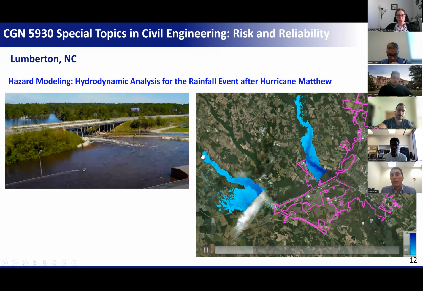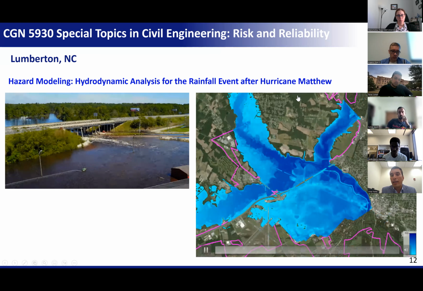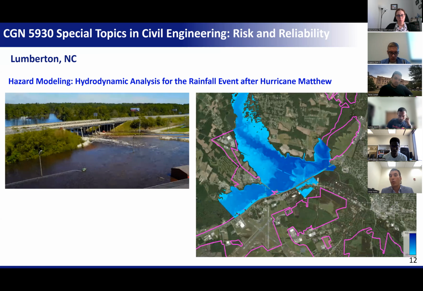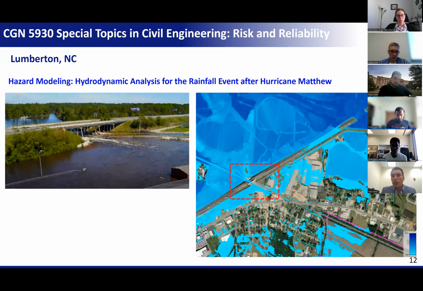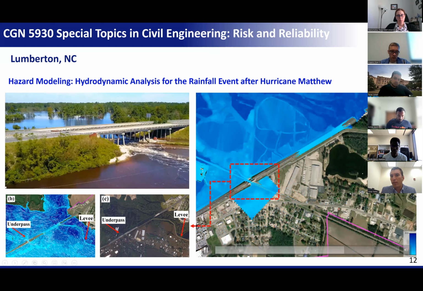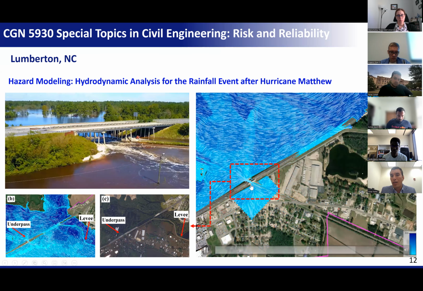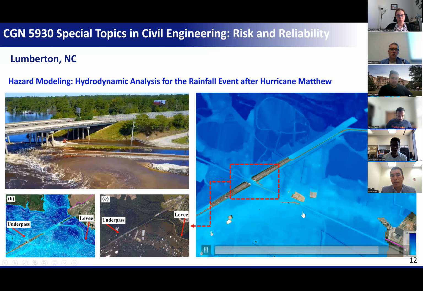So basically we put these hydrographs here as a boundary condition and run a hydrodynamic analysis that solves the Saint-Venant flow equation, like a shallow water equation, to identify the water depths. And here it shows one of the main locations. If you see here, we have a levee that retains the water, but we have a weak spot here that allows the water to go inside the city.